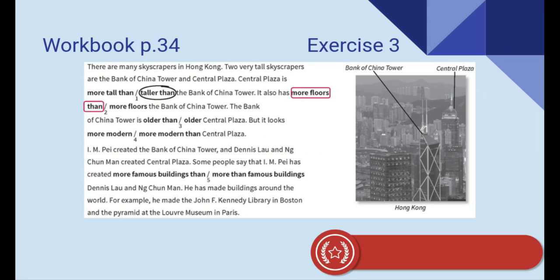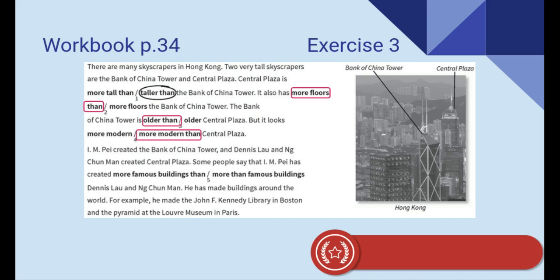Okay, let's check. The Bank of China Tower is older than Central Plaza, but it looks more modern than Central Plaza. IMP created the Bank of China Tower, and Dennis Lau and Ng Chung Man created Central Plaza.